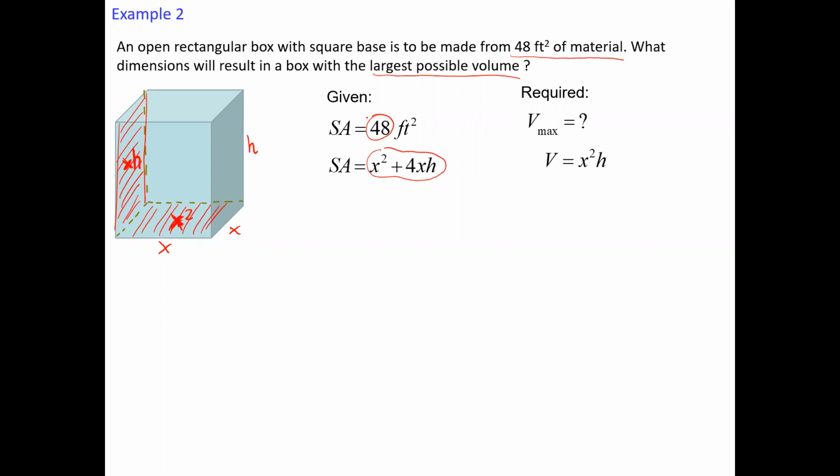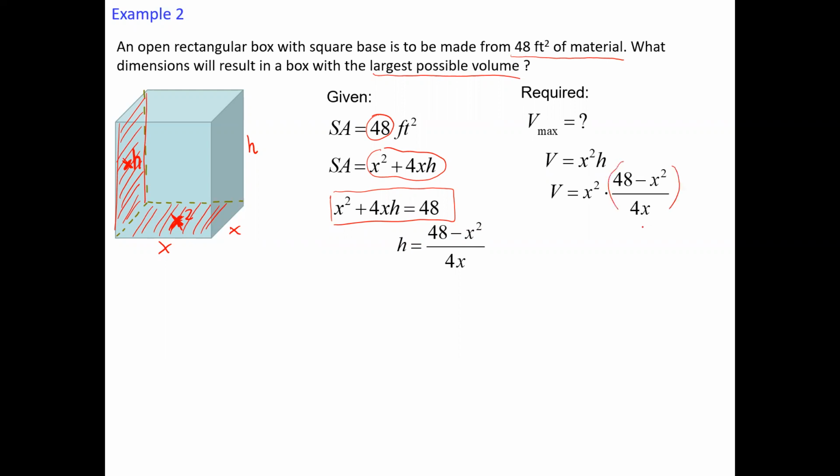I will rewrite h in terms of x using the given information, which was only 48. We can easily solve for h by subtracting x squared and dividing by 4x.